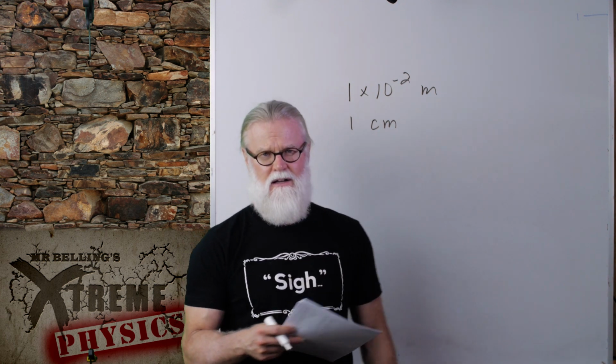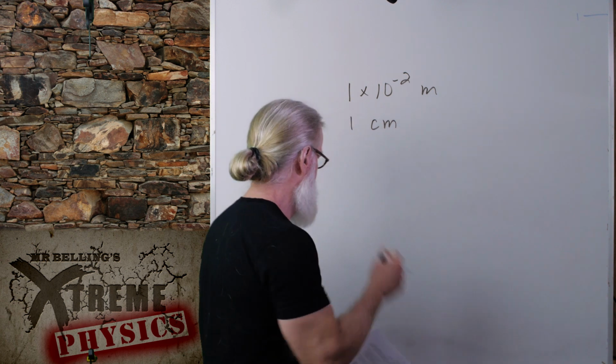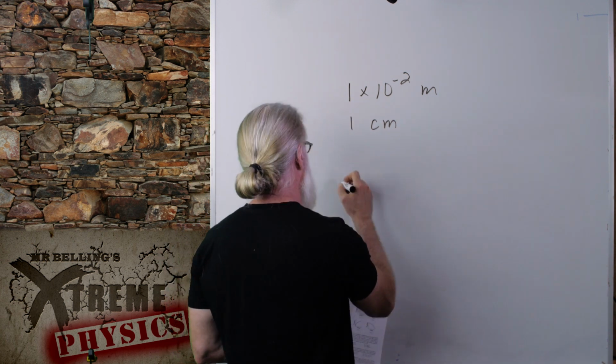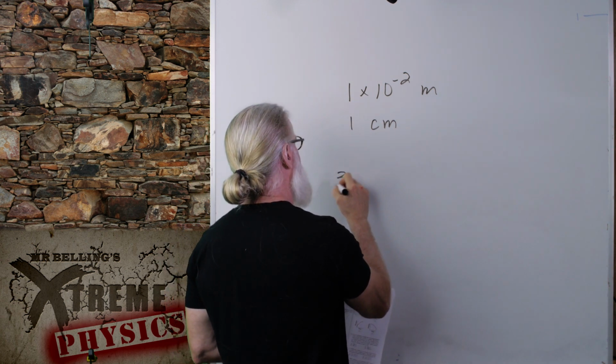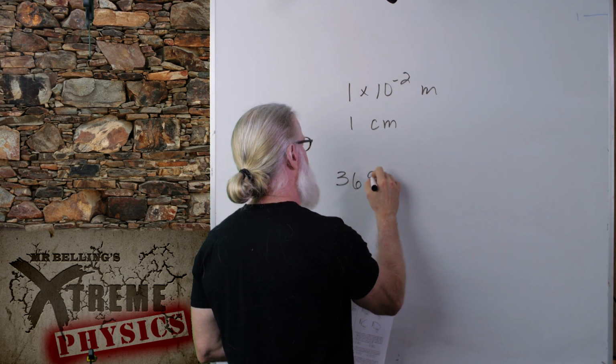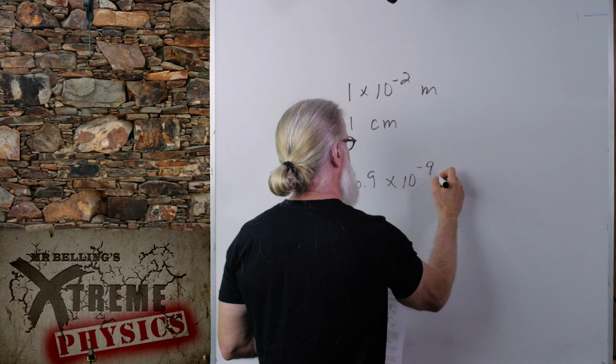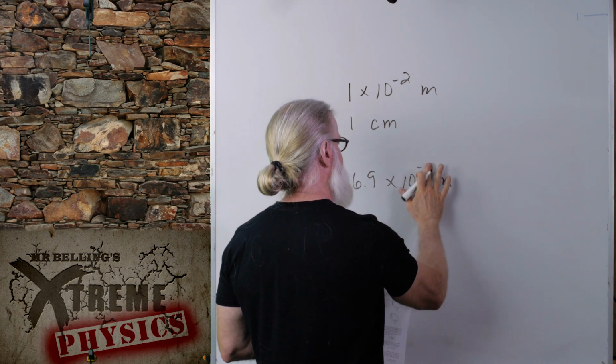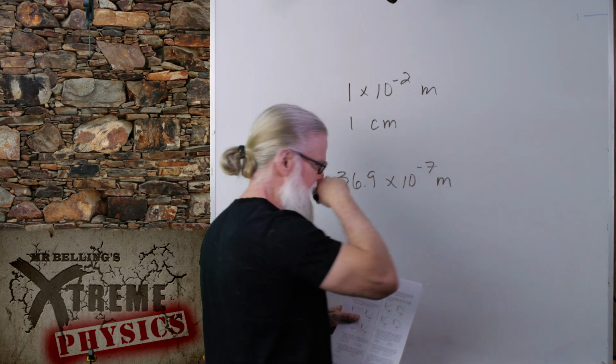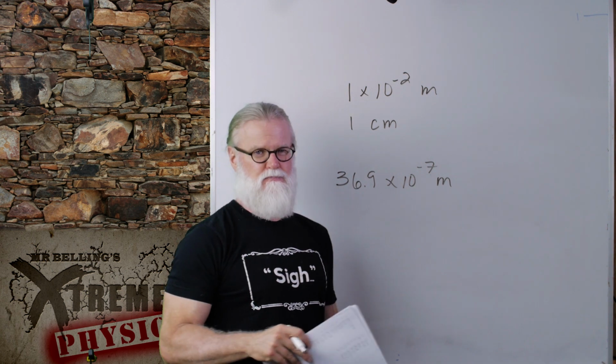Let's review. Multiplying by ones. Let's say I had 36.9 times 10 to the minus 9 meters. Oh, let's make that 10 to the minus 7. How many nanometers is that? All right.